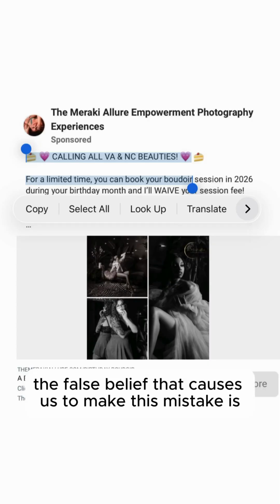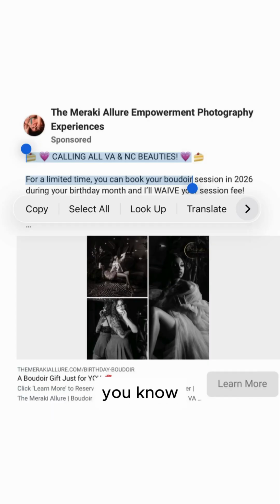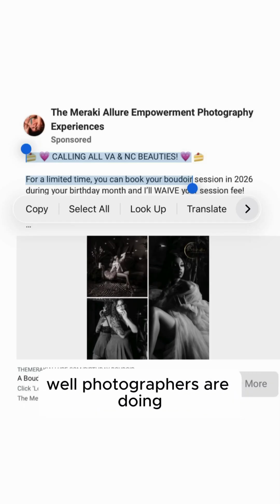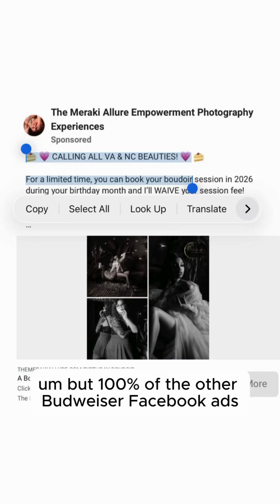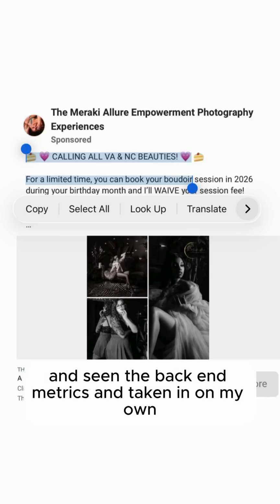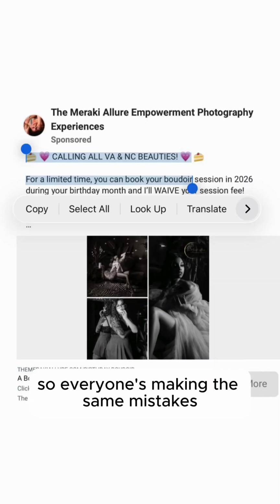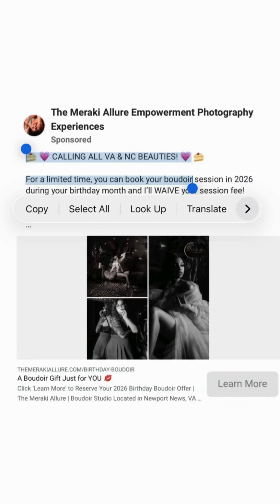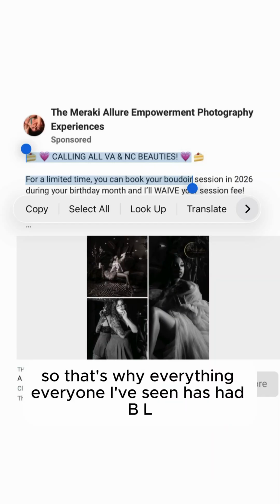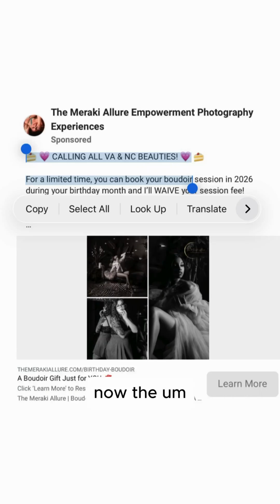The false belief that caused us to make this mistake is, we're doing things similar to what we see other boudoir photographers doing. But 100% of the other Boudoir Facebook ads I've seen, and seen the back-end metrics of, taken in on my own and tested, have had BLCS, Boudoir low click syndrome. So everyone's making the same mistakes. That's why everyone I've seen has had BLCS.